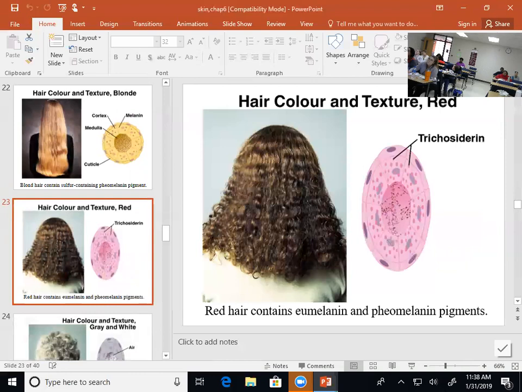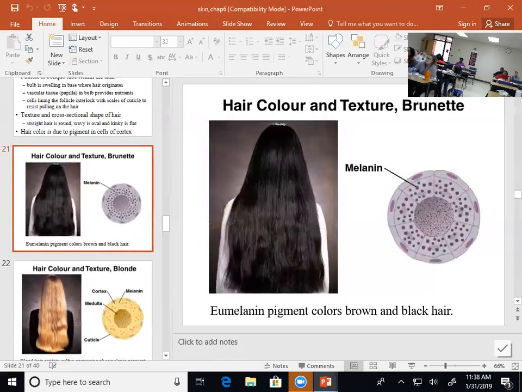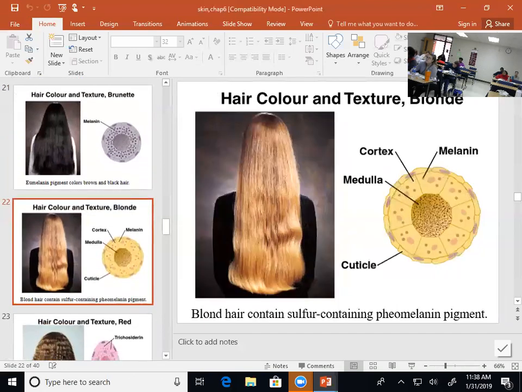Now, as far as color goes, it's the pigment, the melanin that you're producing, the melanin of these follicles. So if it is the dark melanin, then the hair is going to look darker. But then you also have less and different colored melanin, and that's going to look like that.